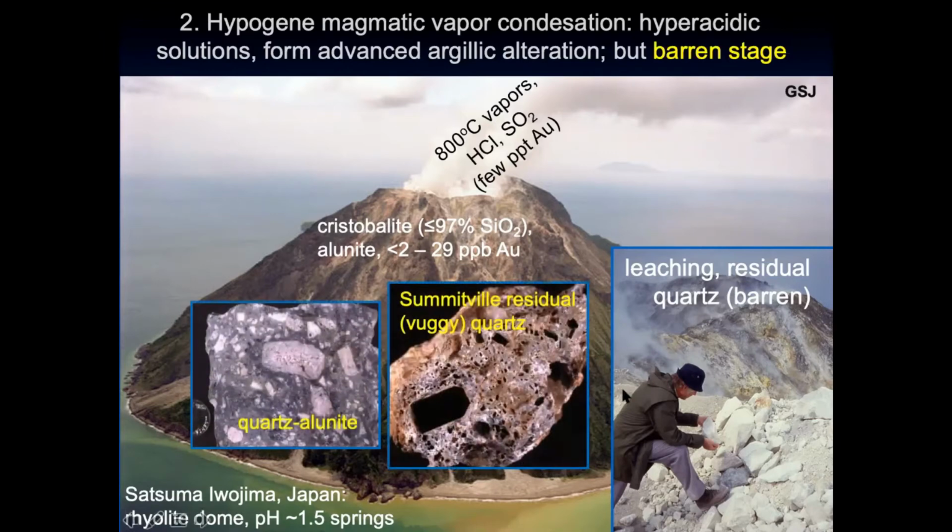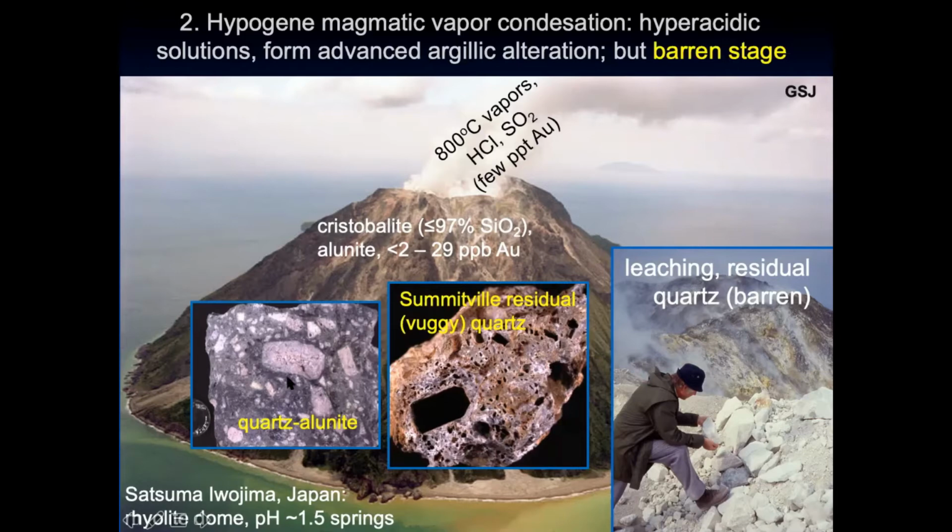In fact, we see the same alteration in high sulfidation epithermal ore deposits, such as Summitville in Colorado. Here's the residual vuggy quartz. You can see these 2 centimeter size phenocrysts of orthoclase.